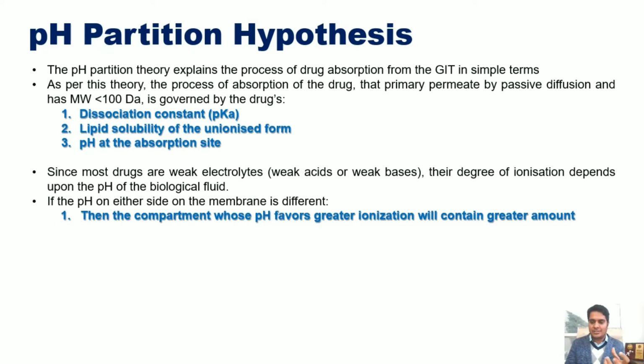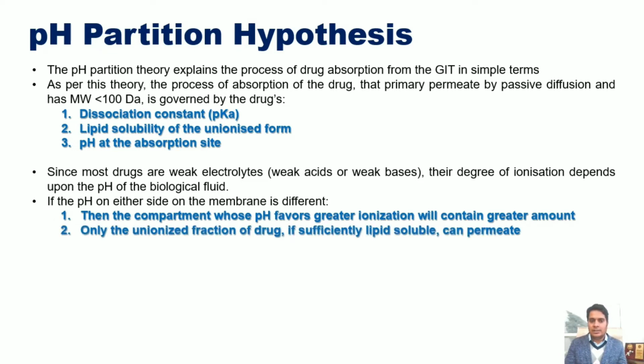Greater ionization means the side which is favoring higher ionization will have the greater amount of the drug. The drug will not absorb to the other side. Only the unionized fraction of the drug will be absorbed if sufficiently lipid soluble.